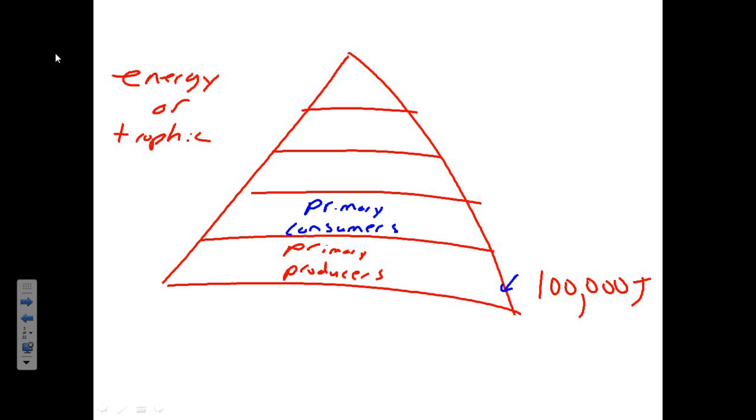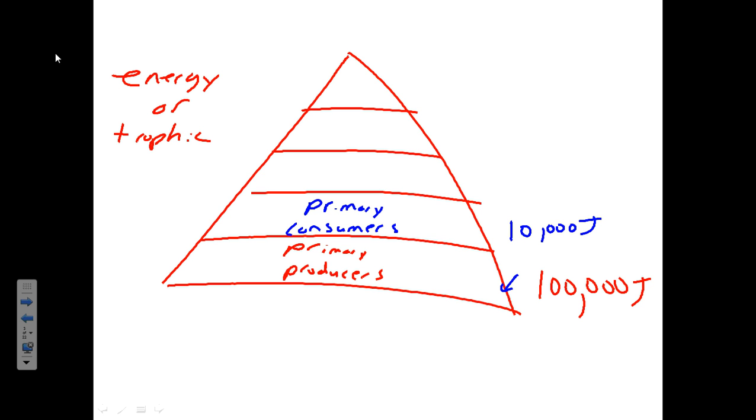Got pooped out, never made it to the next level. So what's 10% of 100,000? About 10,000. So out of the 100,000 that the plant started with, only about 10,000 joules of energy make it to this next level. Sometimes it's called the rule of 10. It's not a hard set 10%, but that's an average number.